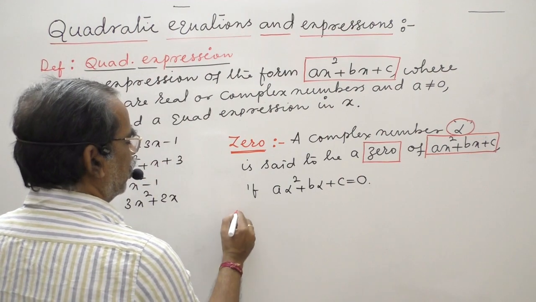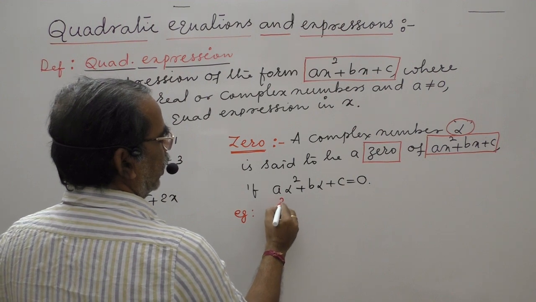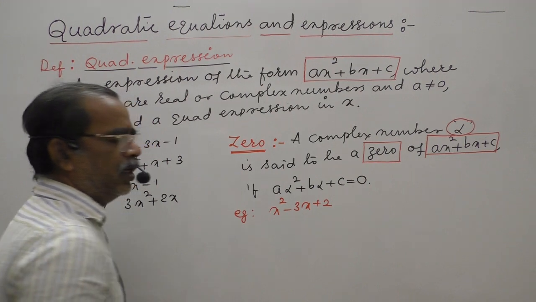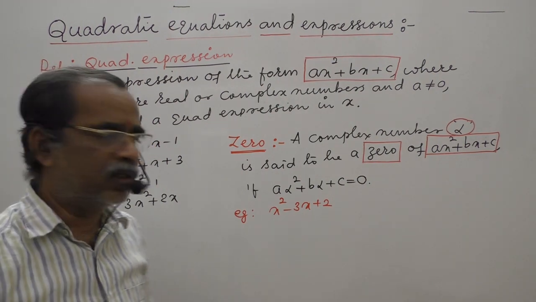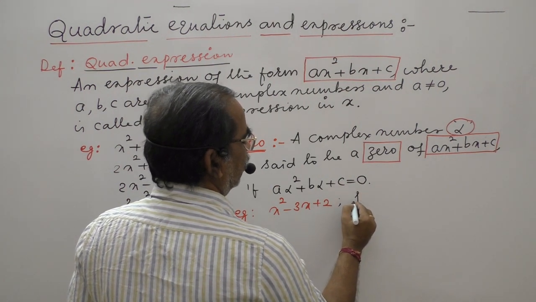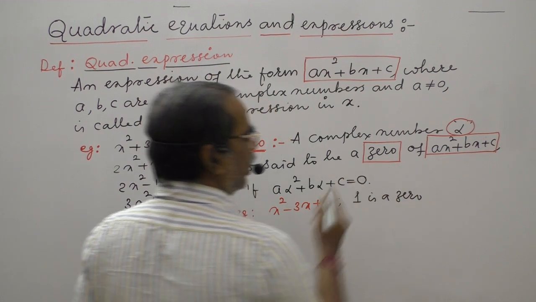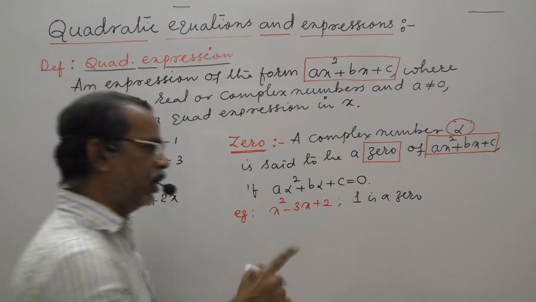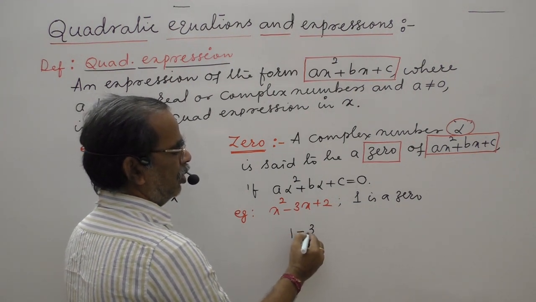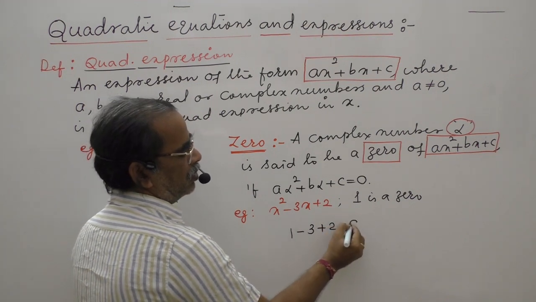For example, you take x square minus 3x plus 2. Clearly it is a quadratic expression. For this, 1 is a zero, because if you put 1 in this, 1 square is 1, 3 into 1 is 3, plus 2, so 1 minus 3 plus 2 is 0.